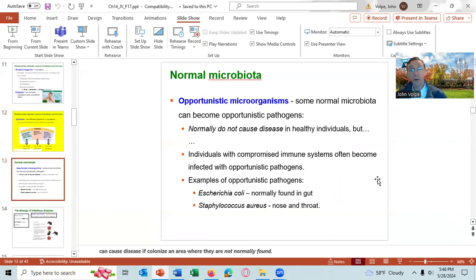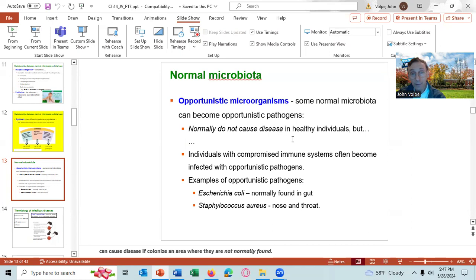All right. The normal microbiota does not normally cause a human infection. So it does not normally cause disease. However, under some circumstances, the normal microbiota may cause disease. Some normal microbiota can become what is called an opportunistic pathogen, where they normally do not cause disease, but they may cause disease under certain circumstances.